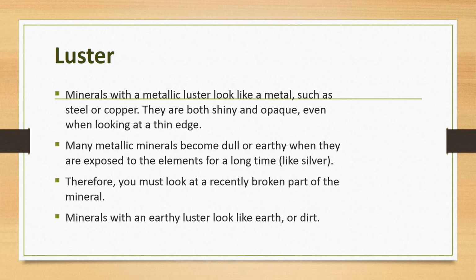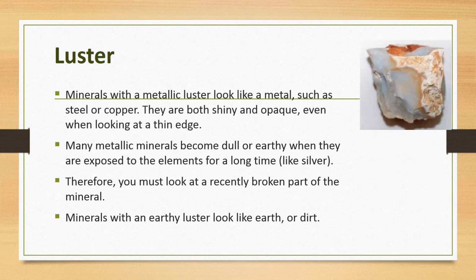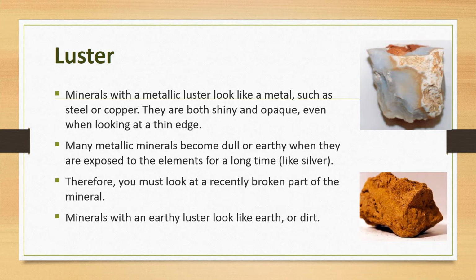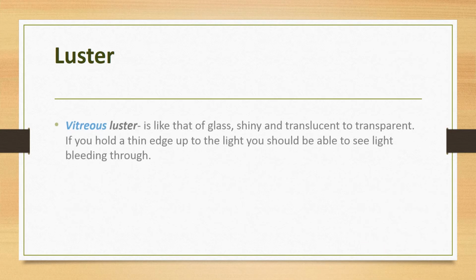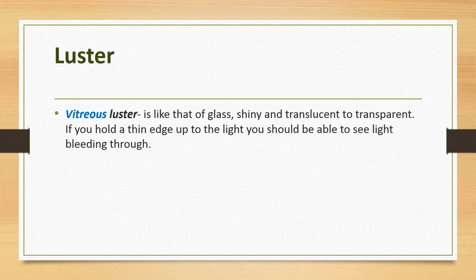Minerals with an earthy luster look like earth or dirt. They are just dull. They don't have any shiny surfaces, as you can see from those figures on the right. Also, you have one more type of luster called vitreous. It's like glass, shiny and translucent or transparent.